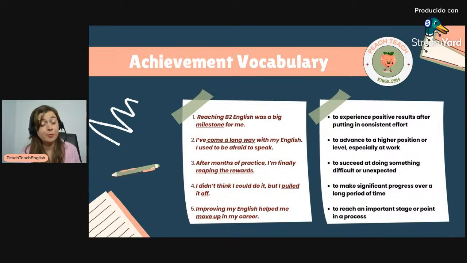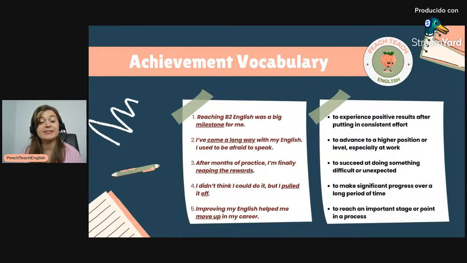Maybe at that point, we weren't really receiving a lot of results or rewards for that hard work. But because we continued to do it, we were consistent, we were able to eventually reap the rewards. We were able to receive those positive results.